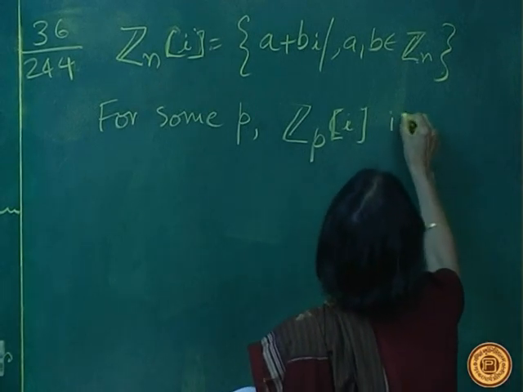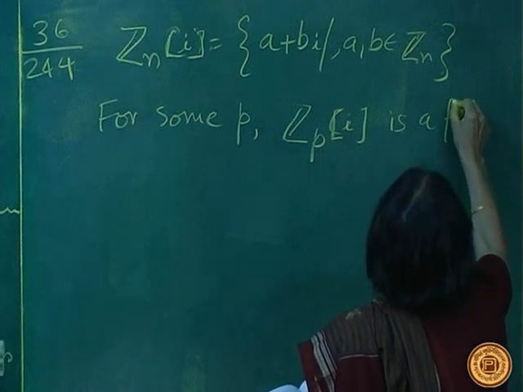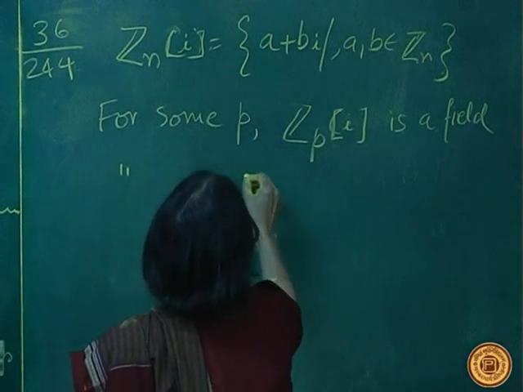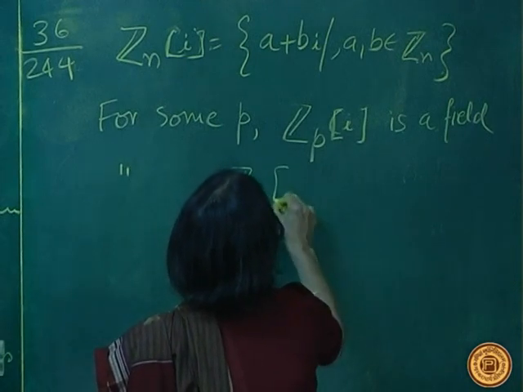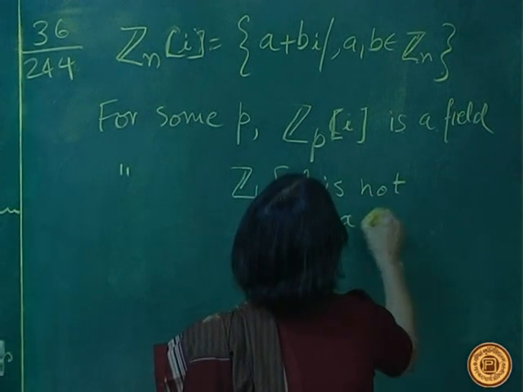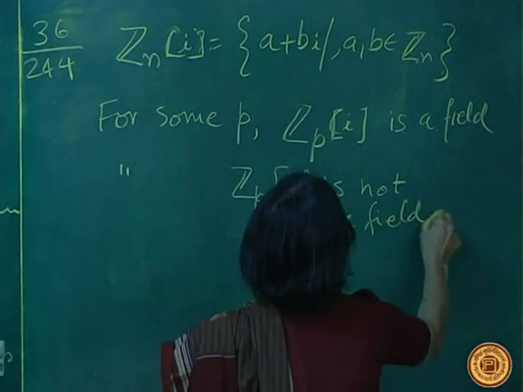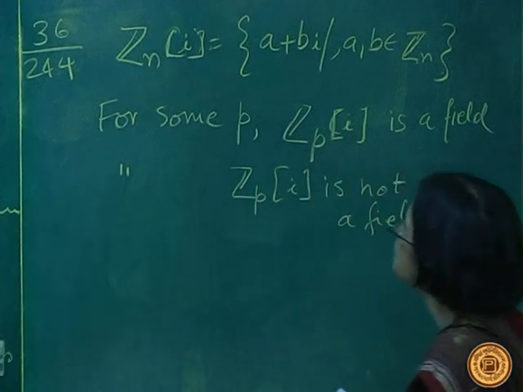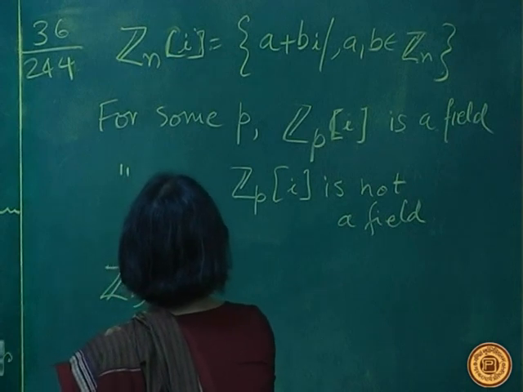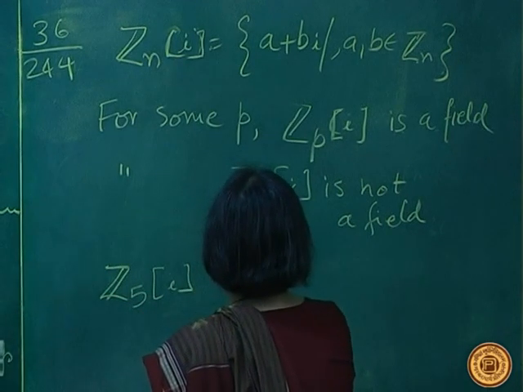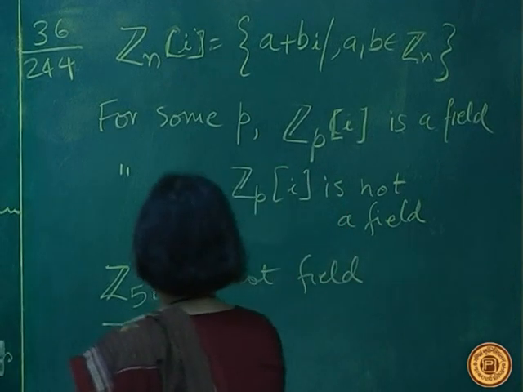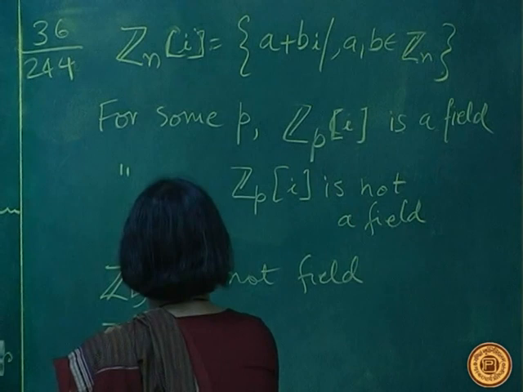This is a field, and for some p the same ring is not a field. We have already seen that for p equal to 5, this is not a field because we have got some divisor of 0. This is not a field, but Z3[i] is a field.